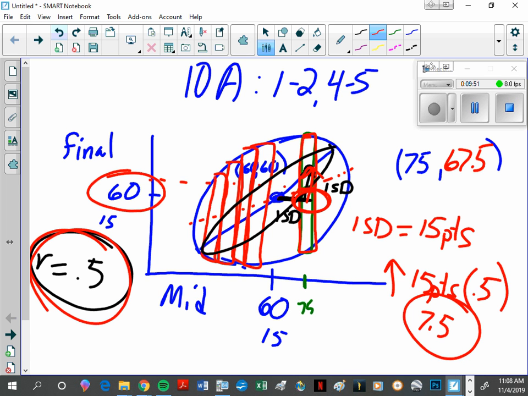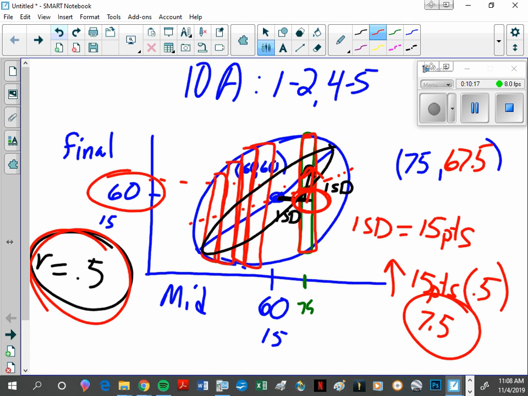So what that's saying is, let's say I've given this test year after year. If you take all the years and combine them together, the average on the midterm is 60 and the average on the final is 60. They both have an SD of 15. So halfway through the year, we take the midterm and you score 75.